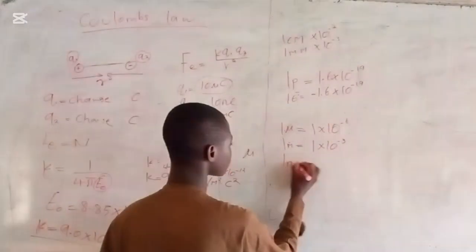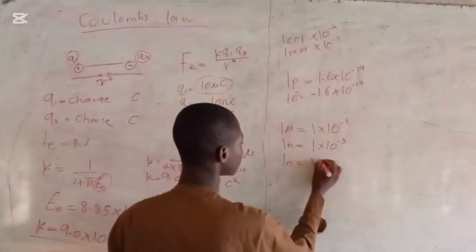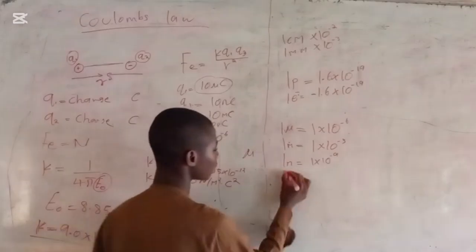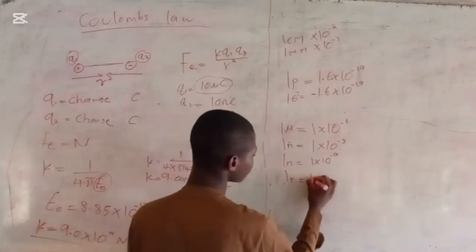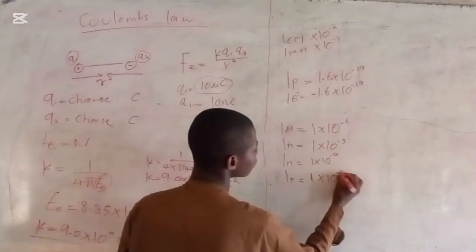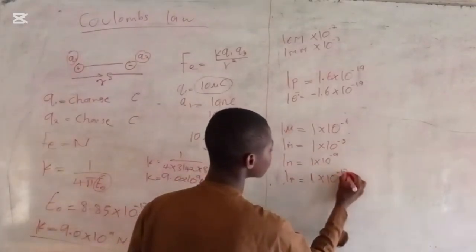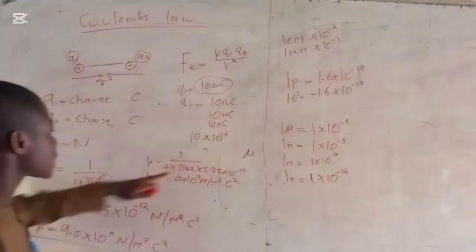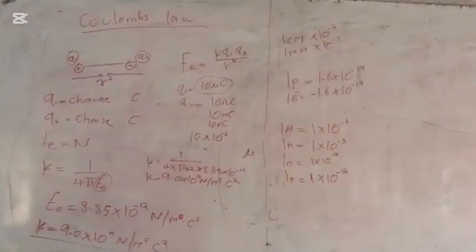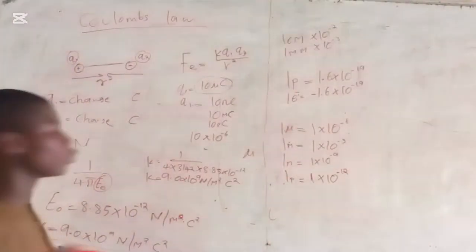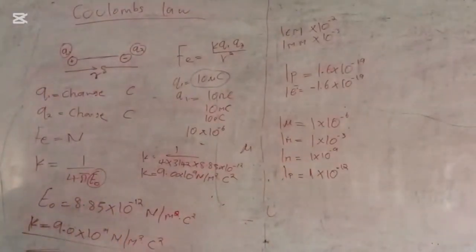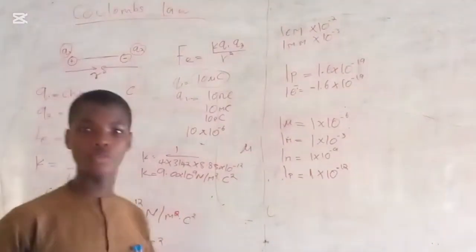Nano is 1 times 10 exponential of negative 9. And 1 pico is equal to 1 times 10 exponential of negative 12. These are some values you may need in order to solve problems under Coulomb's law. I think that's it for this introduction to Coulomb's law.